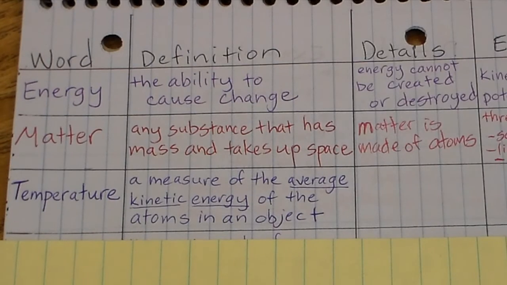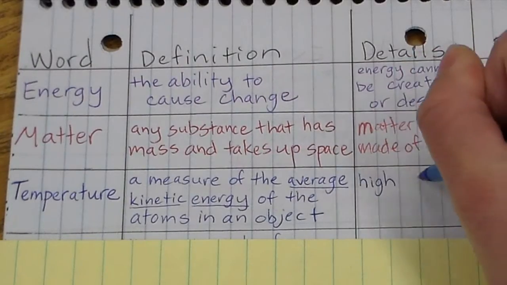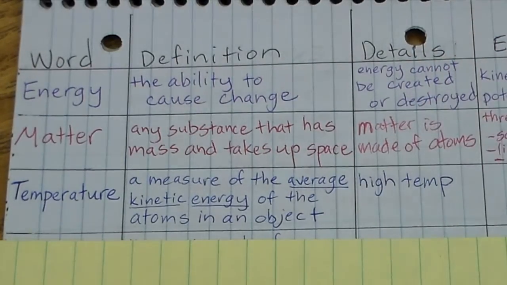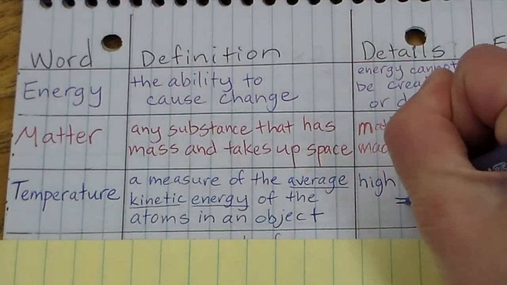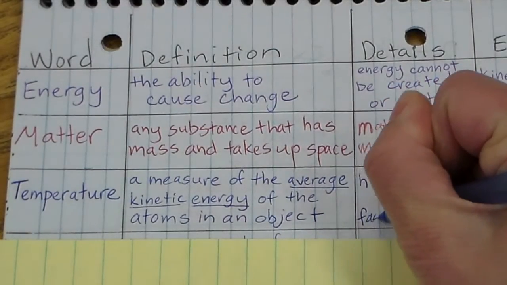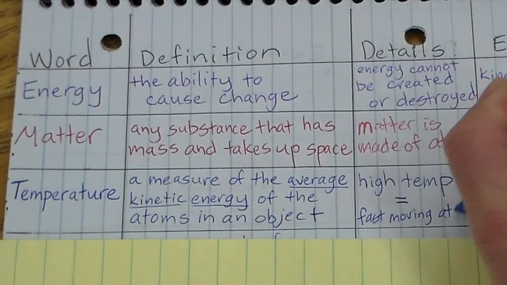So what I'm going to write here in the details, something important to know, is that whenever we see a temperature that's a high temperature number, like maybe it's 80 degrees, or maybe you've cooked something and it's 100 degrees, anytime we see a high temperature number, it means that we have fast moving atoms.